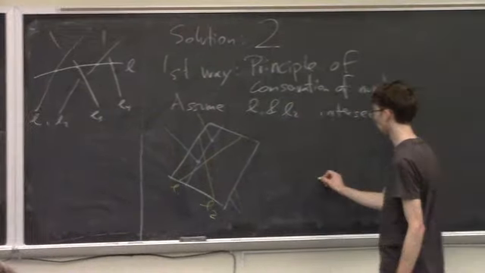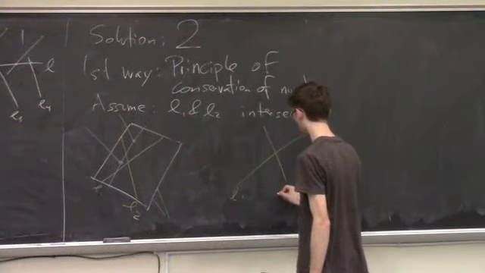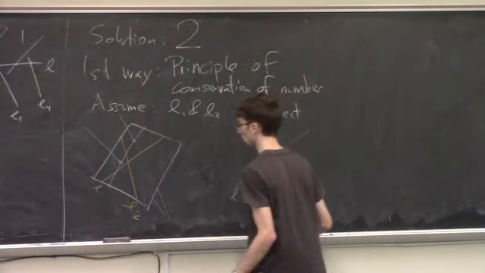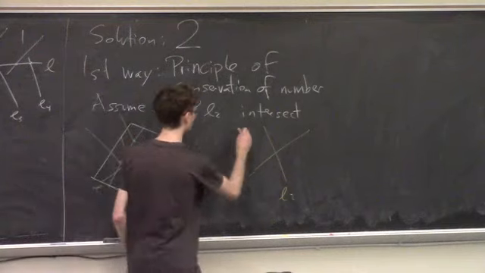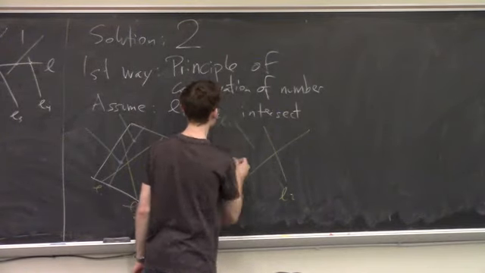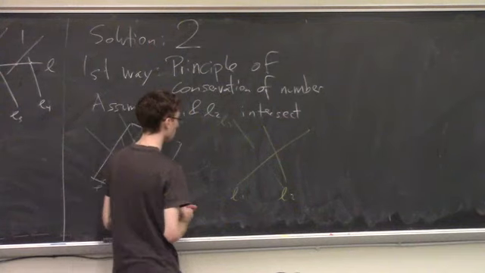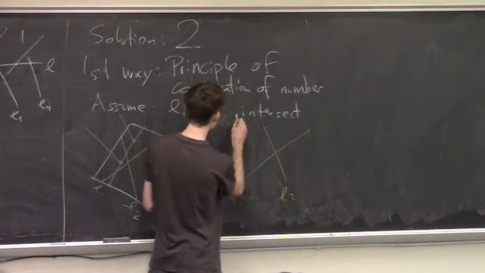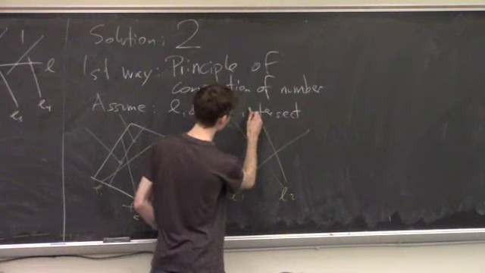So let's see, we still have L1 and L2, they intersect. But now what you do is, maybe we take L3, and you pick the plane such that the plane contains L3.